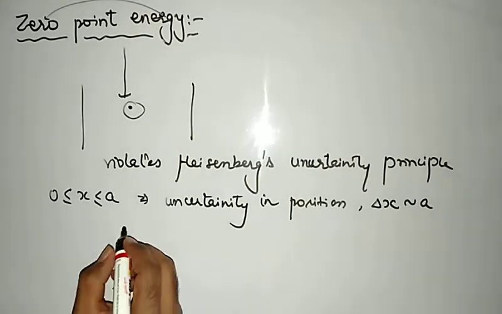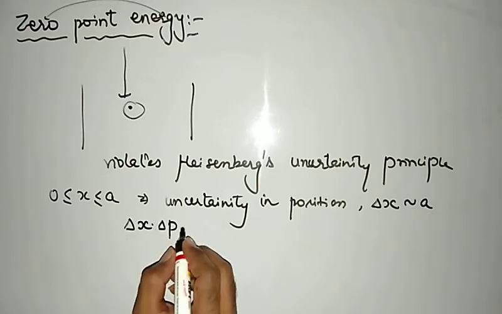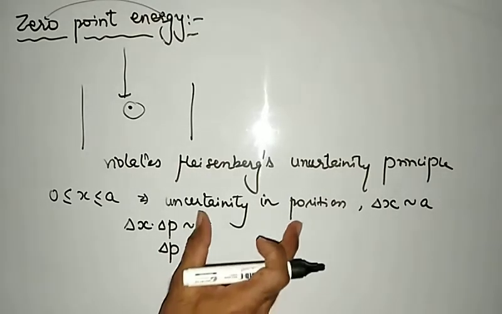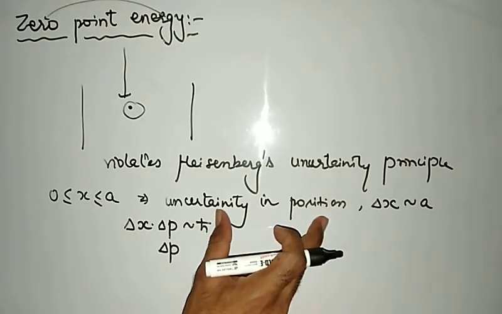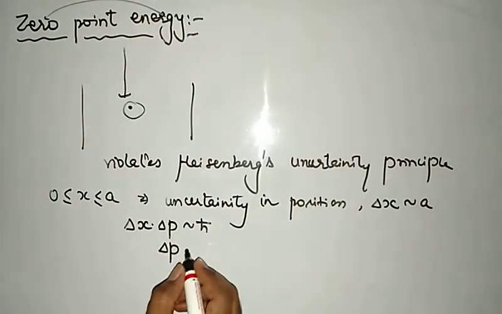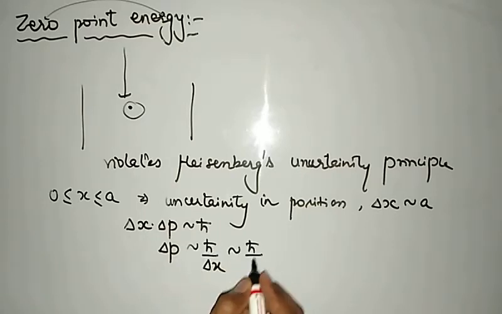And we know that according to the Heisenberg principle, if there is uncertainty in position, then there will be a minimum momentum uncertainty, which is h cut upon delta x, comparable to h cut upon a.